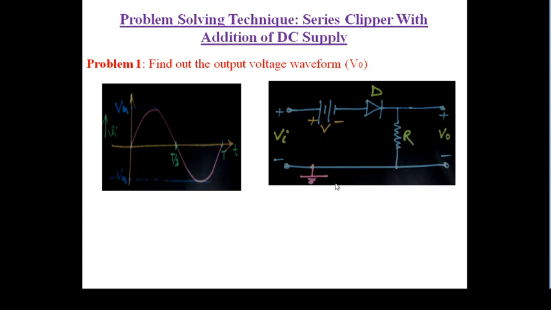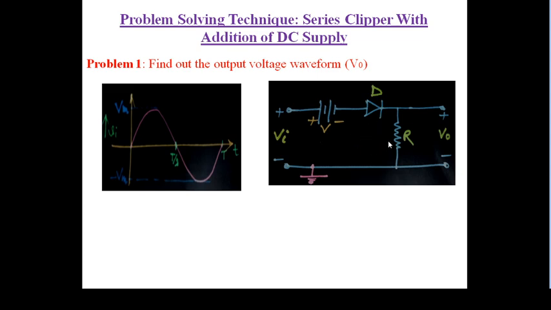In such cases, first we have to decide at what instant the diode will conduct. Your step 1 is the step where you have to find what should be the transition voltage where the diode just starts to conduct, but during that time the current in this circuitry will be 0.